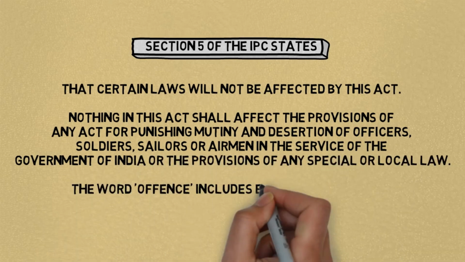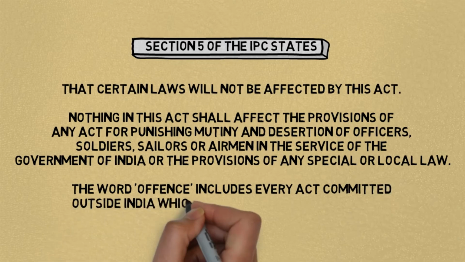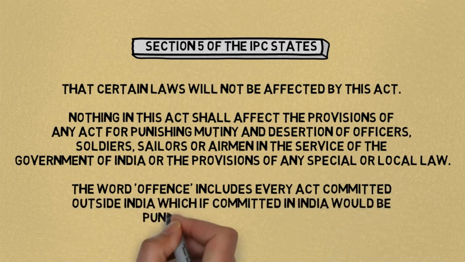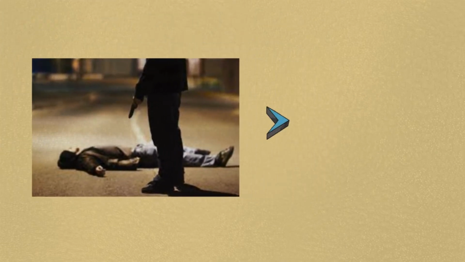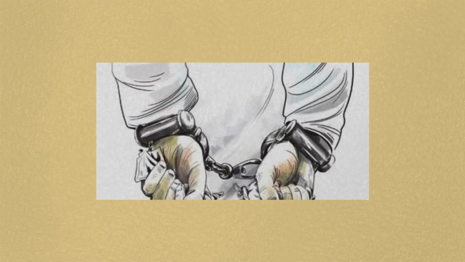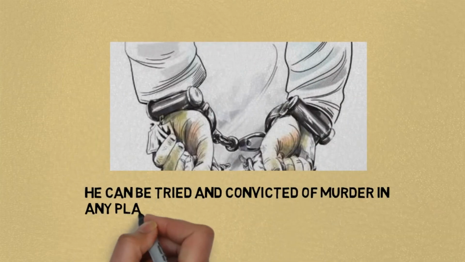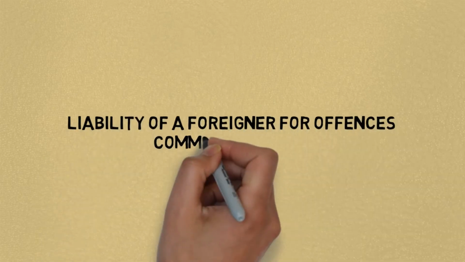The word offence includes every act committed outside India which, if committed in India, would be punishable under this code. For example, Ram, a citizen of India, commits a murder in France. He can be tried and convicted of murder in any place in India in which he may be found. Liability of a foreigner for offences committed in India.